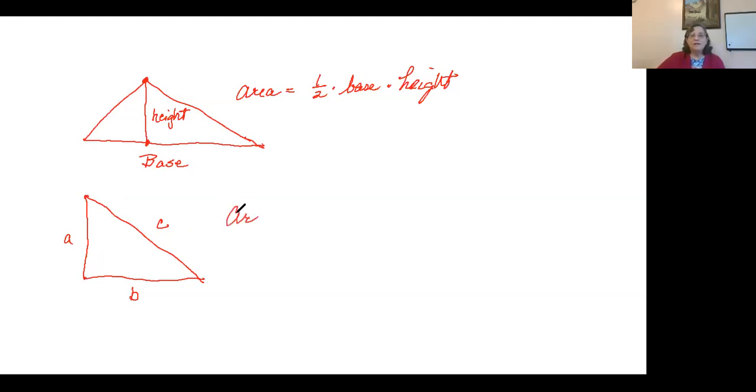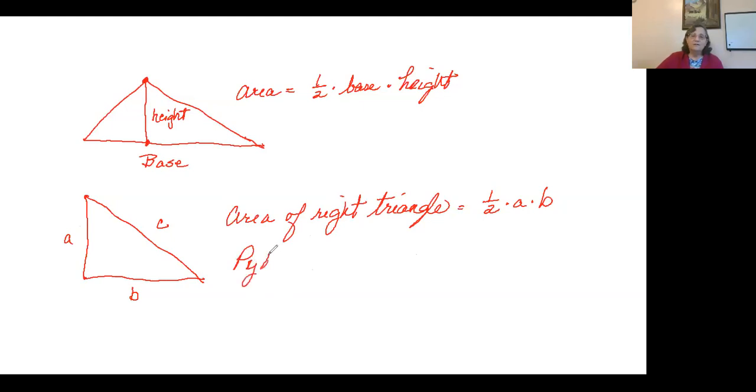So the area of a right triangle, if we, as usual, refer to the legs as A and B and the hypotenuse as C, it's going to be 1/2 times A times B.